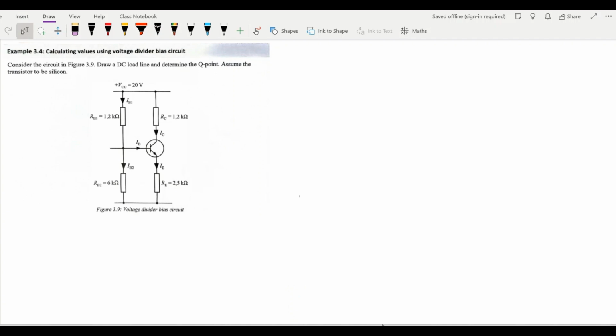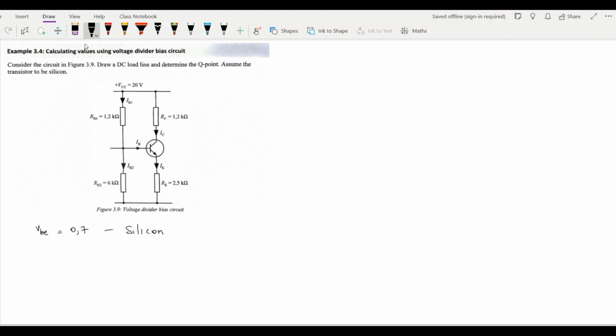Now, each time a question wants you to assume a transistor is a silicon, you must know that VBE will be given as 0.7 for a silicon.